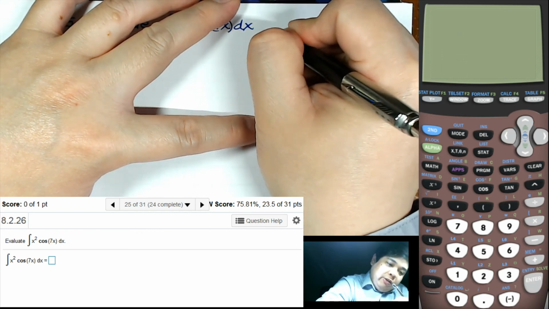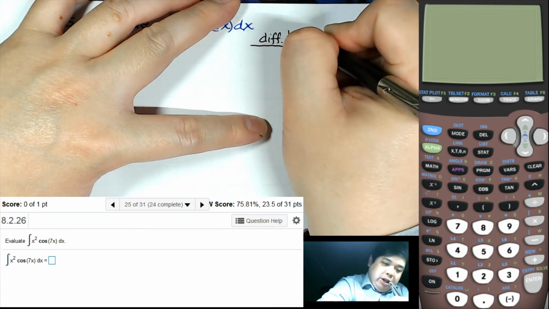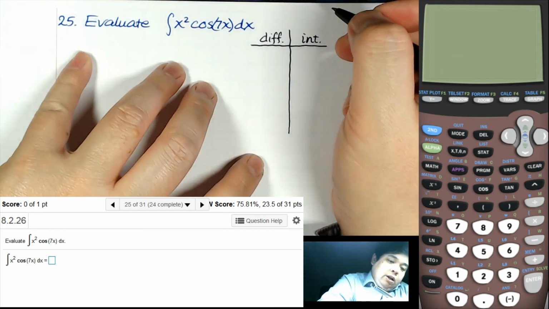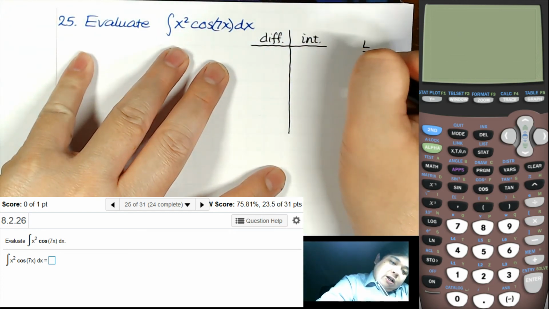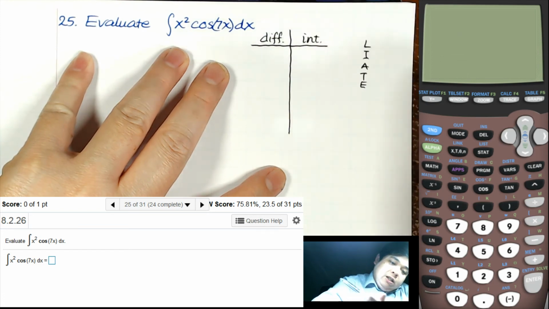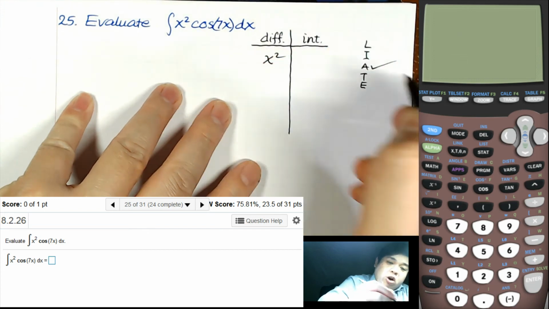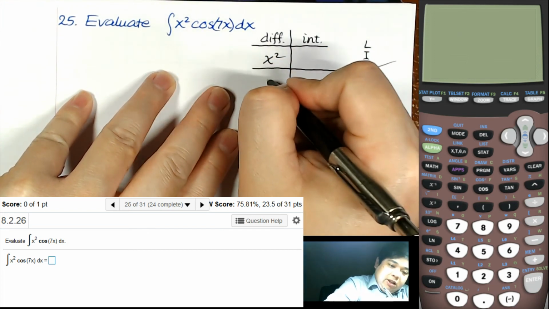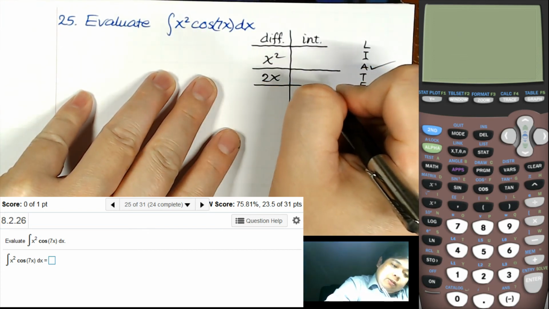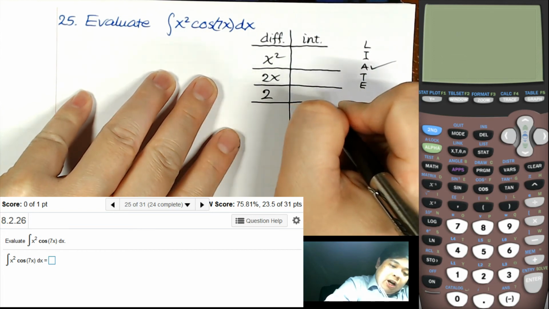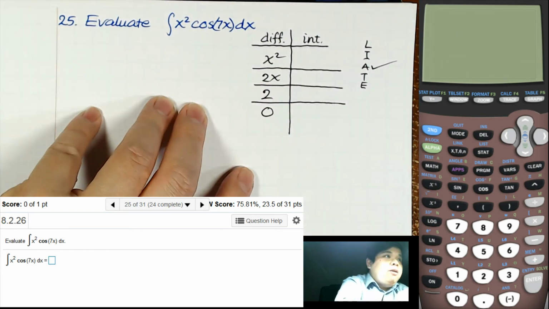The part that is differentiated, the part to be integrated. LIATE, there's an algebraic expression. Take the derivative until it vanishes to 0.